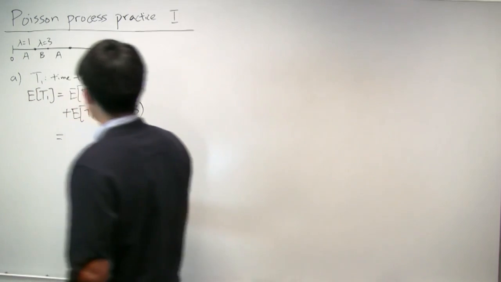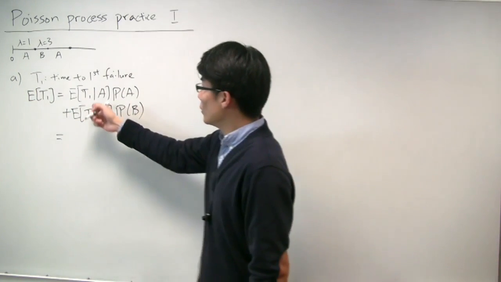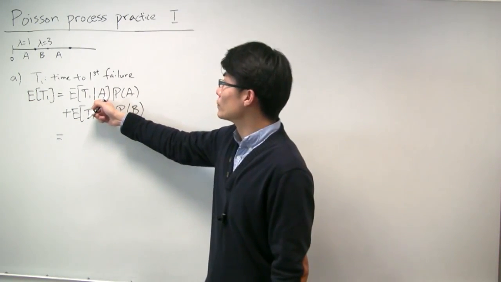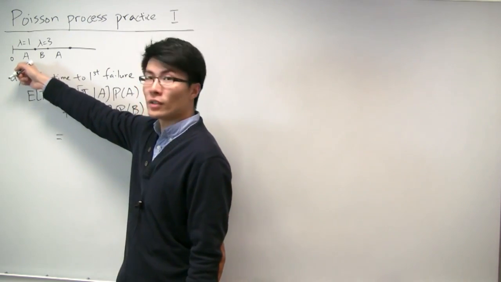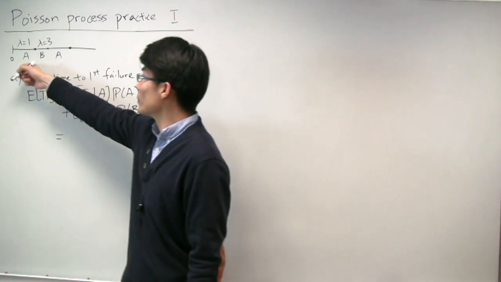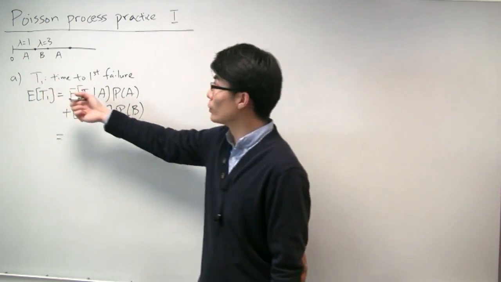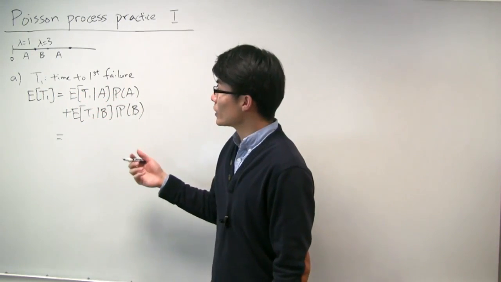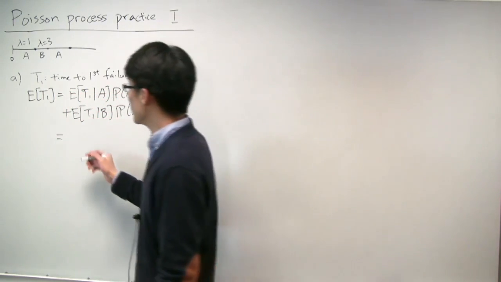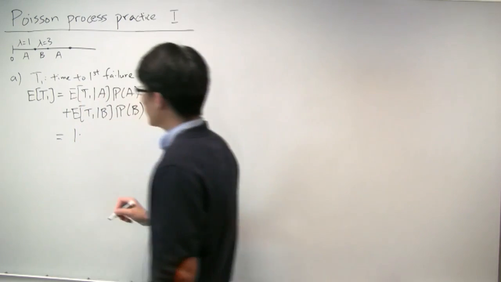Okay, so what are all these values? If we know it's a type A bulb, then the expected time until the first failure is just the expected value of an exponential with parameter lambda equals 1, and for an exponential, the expected value is 1 over lambda. So this conditional expectation is 1.